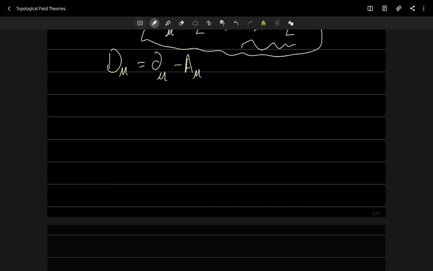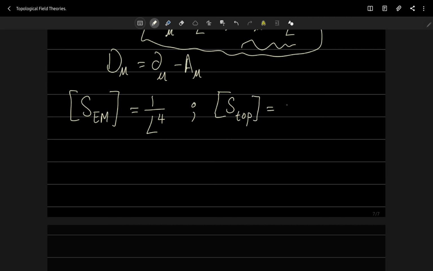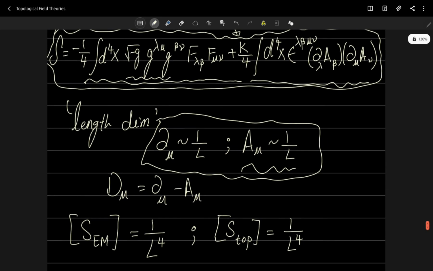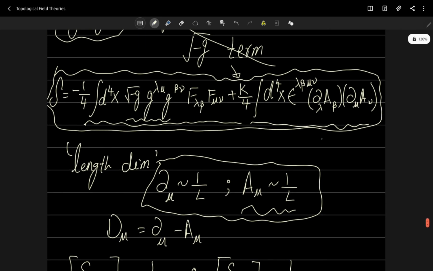Okay, so what we can do over here is compare the dimensions of the electromagnetic action, which is 1 over L4, with the dimensions of the topological action. It is also 1 over L4, and this is something we can verify from this expression.